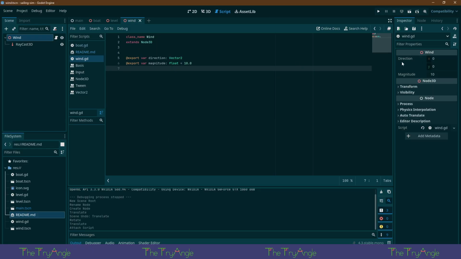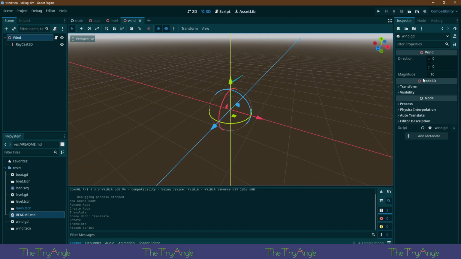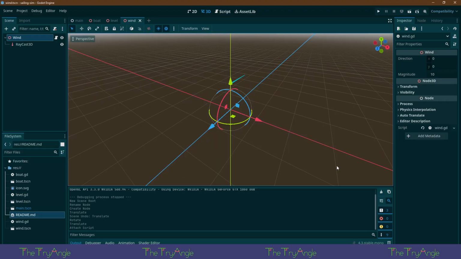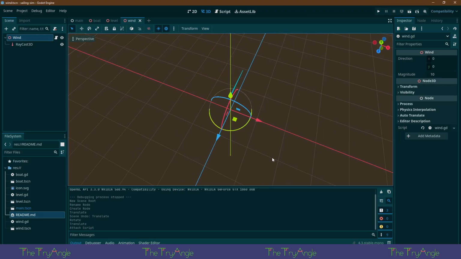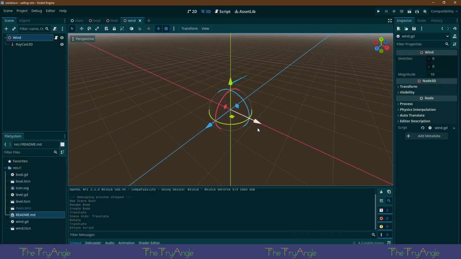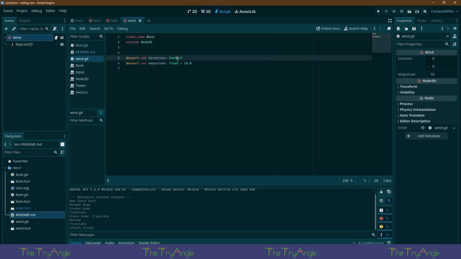Now direction, this is kind of weird. I don't want X and Y. It's almost like I want this to be X and this to be Y. I wonder if I can give it a custom vector too.